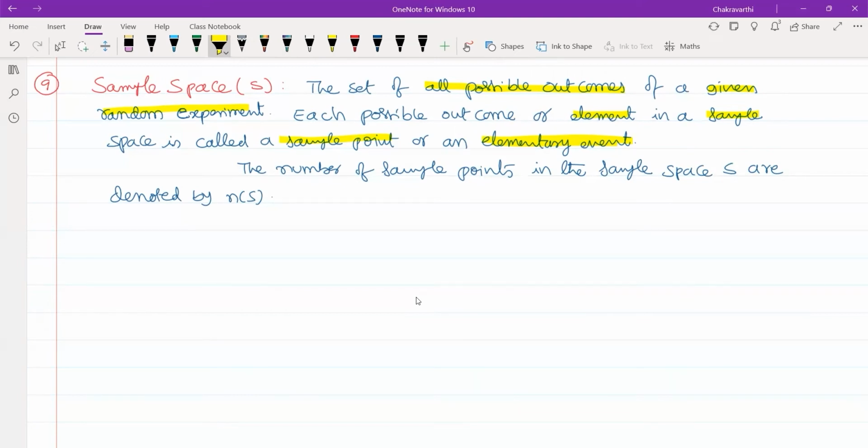There is a small n and a capital N here. To learn the difference between small n and capital N according to sampling theory techniques, first of all you have to know the sample space. The number of sample points in the sample space S is denoted by n(S). That is very important. So this is a basic concept.